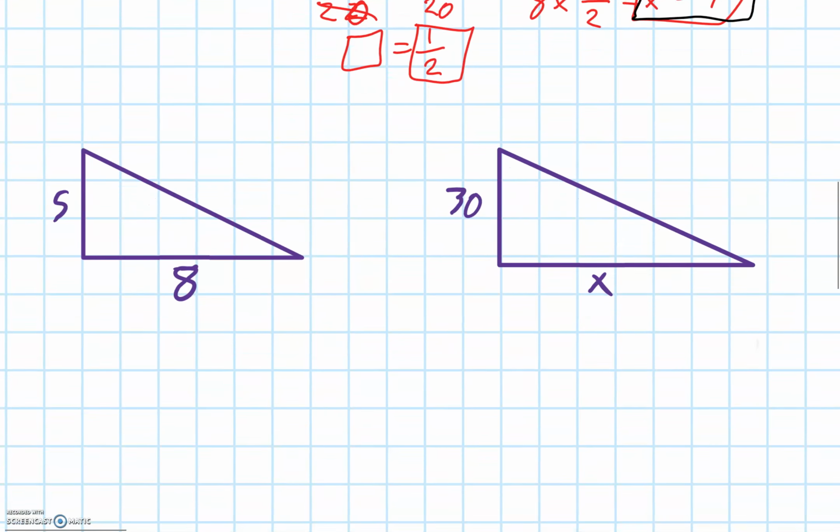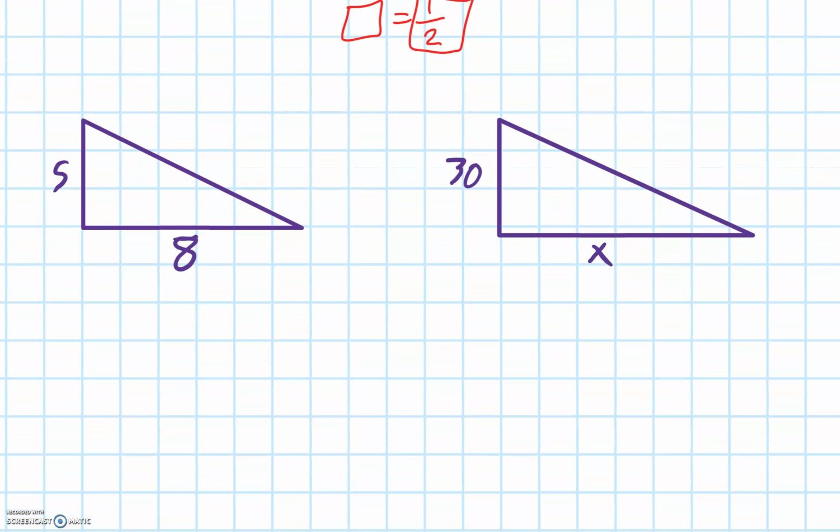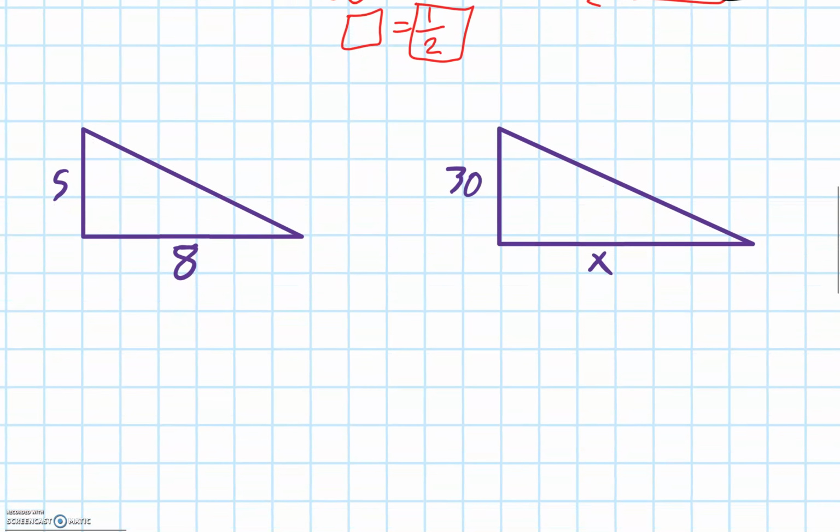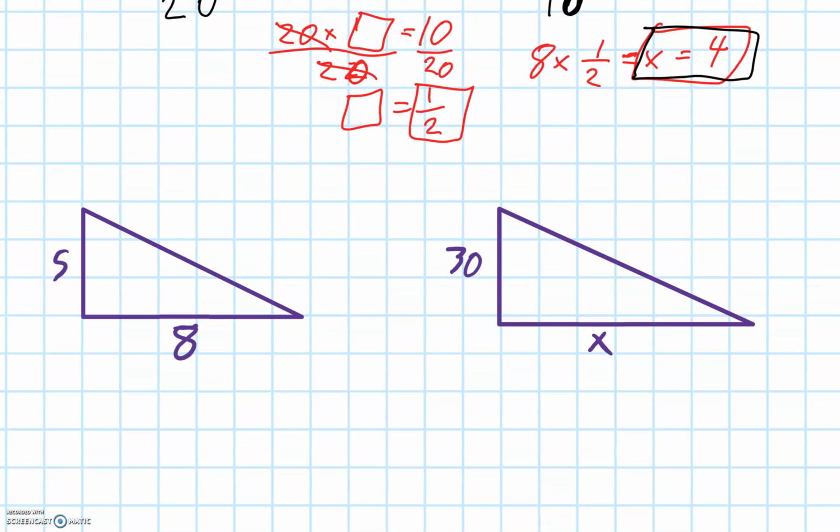Okay, hopefully you paused and tried it yourself, and you're using this time to now check to see if you got it correct. This is another method. So that was scale factor. This is the final method, which is by using fractions. So what you're going to do is go x over the one side equals 30 over the other side.